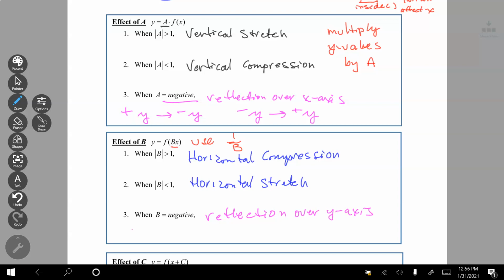So in other words, positive x's become negative x's, and negative x's become positive x's. So what are we really doing? We are going to multiply all the x values by 1 over b, not the b value. We're using the reciprocal, because anything inside the parentheses with the letter x, we use the inverse of what we see, and I'll get to that in a minute.